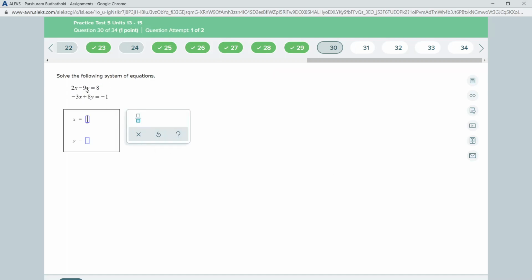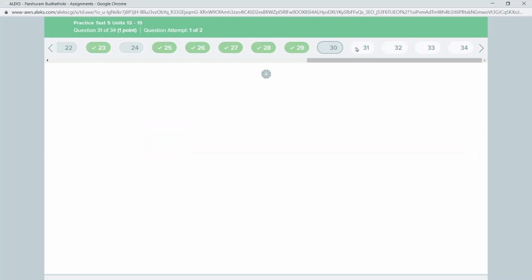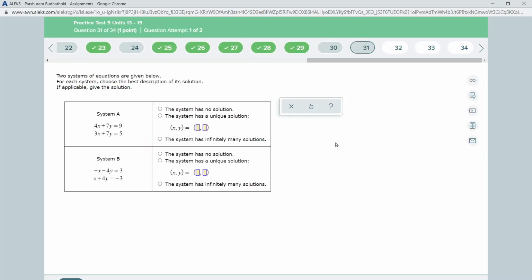Okay, this is another system of equations. I will skip this. You can solve it by using the addition method or the substitution method. Try to solve it. If you find the solution, then just write down the solution. If you don't find the solution, just say the system has no solution.